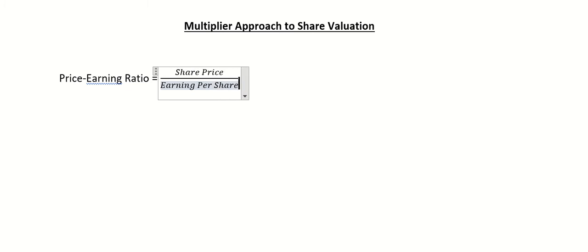So this is the formula for price earning ratio. And if you are given earning per share and PE ratio, you can very easily calculate share price. In case earning per share is not given to you, then you have to calculate it.